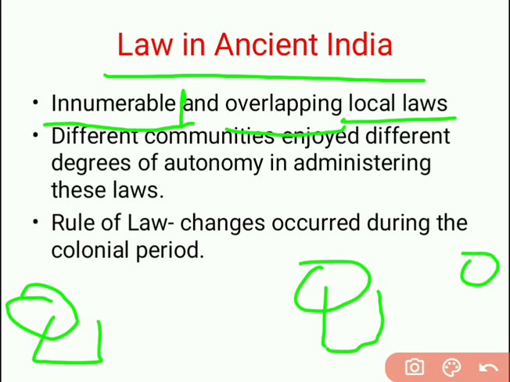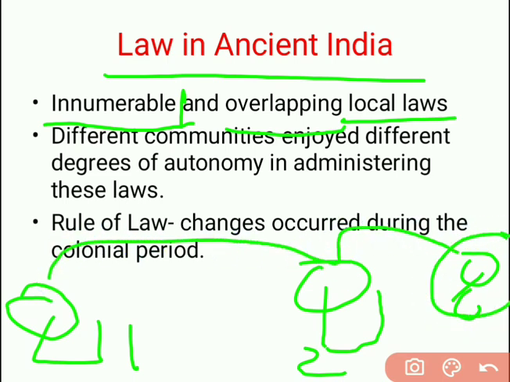And in a third region, the crime is the same, but the punishment is different. That's why these were laws, but overlapping local laws.